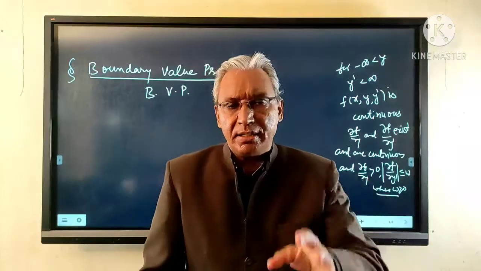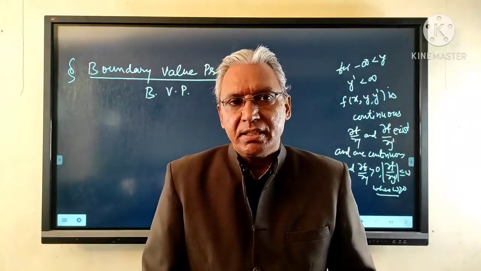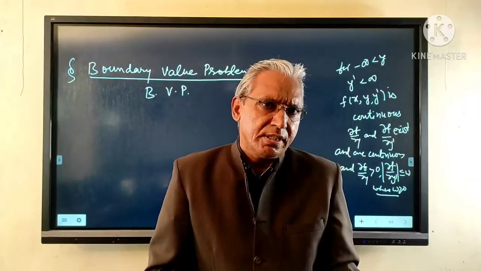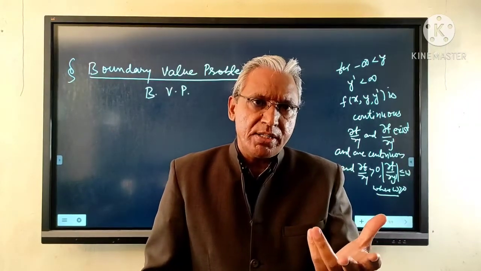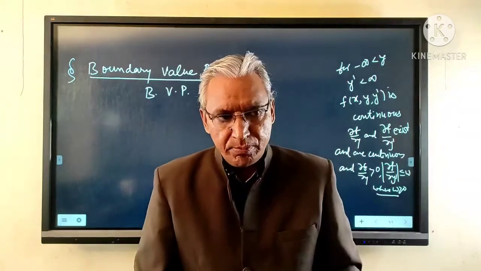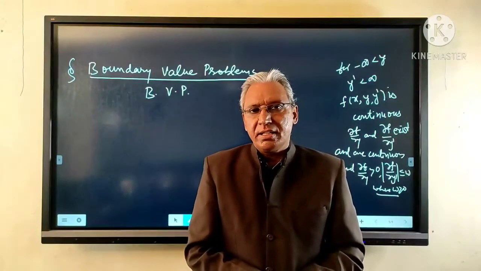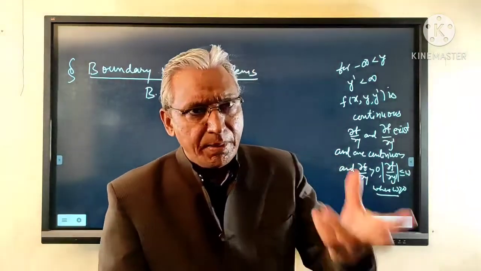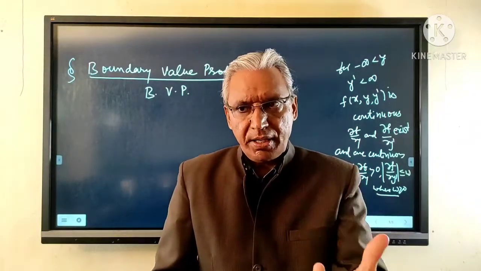On the other hand, if the boundary conditions are specified at two endpoints, then that problem is known as a 2-point boundary value problem. Otherwise, if the boundary conditions are given at n different points, then it is known as a boundary value problem of order n.